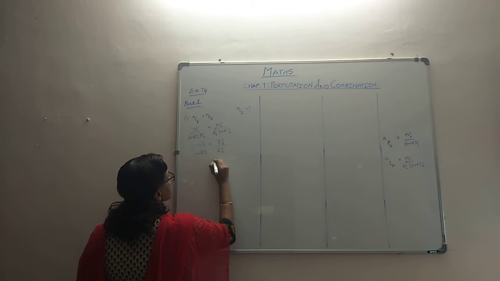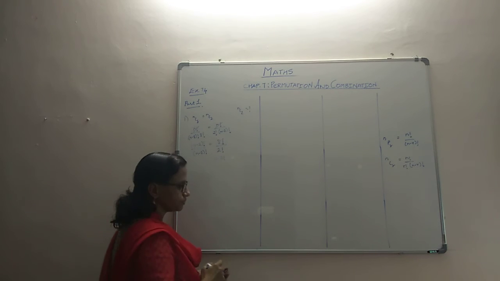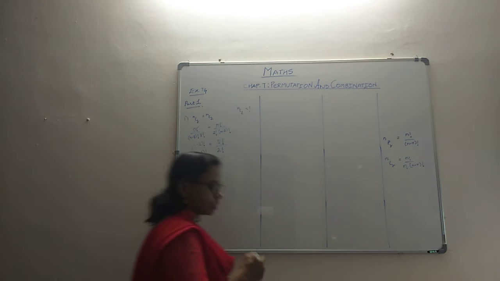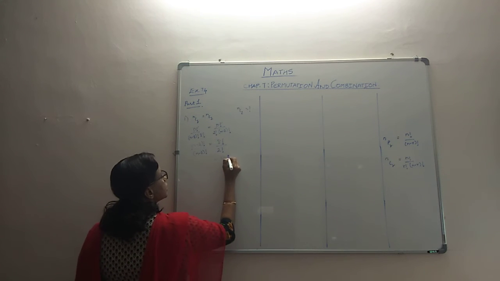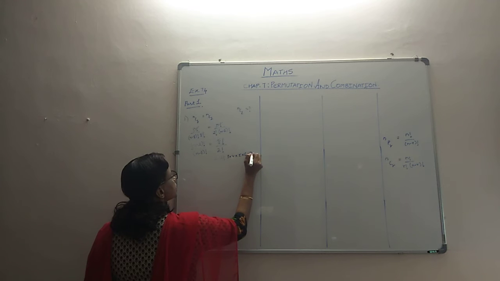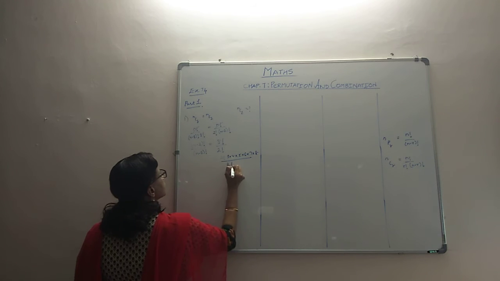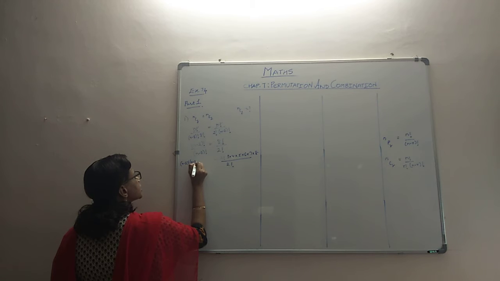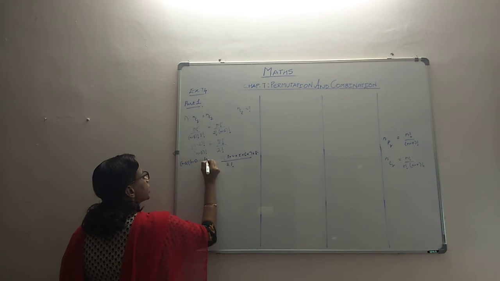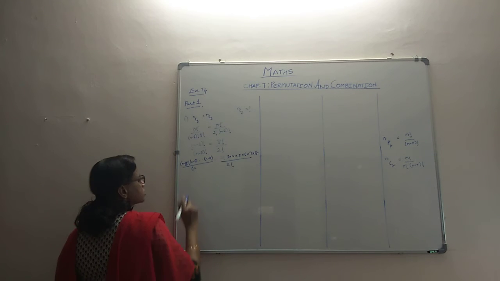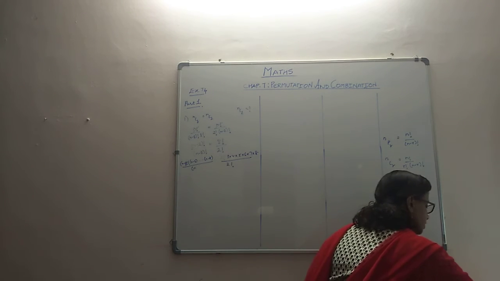This can be written as 2 factorial into 3 into 4 into 5 into 6 into 7 into 8, and the 2 factorial here. So also this will be (n minus 2) factorial into (n minus 3) into (n minus 4) and so on.